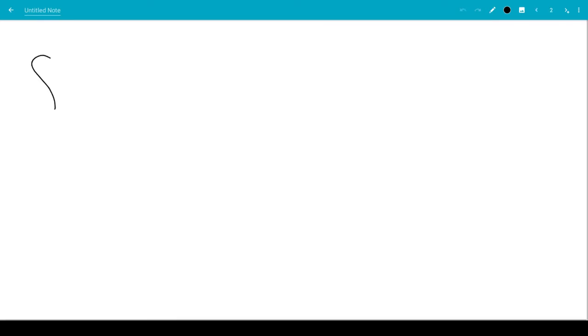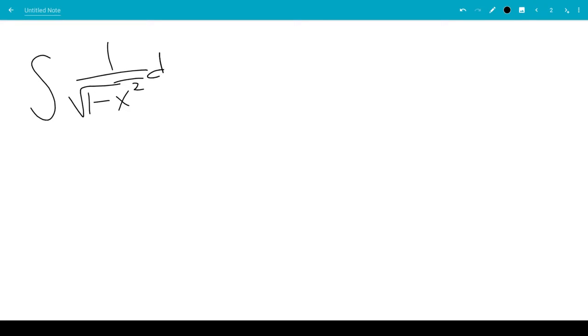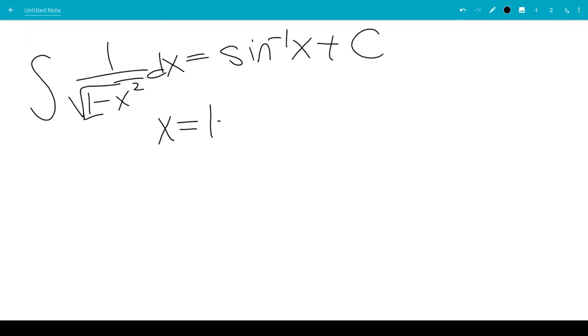So let's say we have the integral of 1 over the square root of 1 minus x squared. And this standard result is just inverse sine of x plus c. But the other way of getting it is let x equal a sine theta, where a is 1. dx is cosine theta d theta.